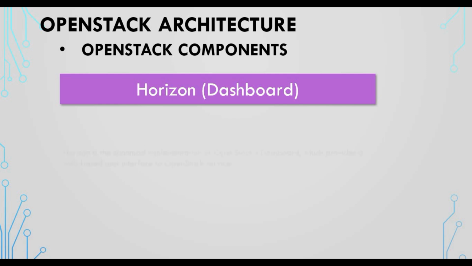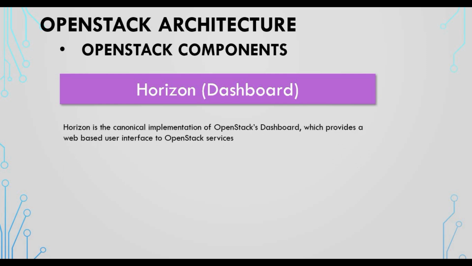In order to talk about Horizon, Horizon is the canonical implementation of the OpenStack dashboard. That means it is the front end, or the dashboard, for OpenStack, which provides a web-based user interface for users or OpenStack services.